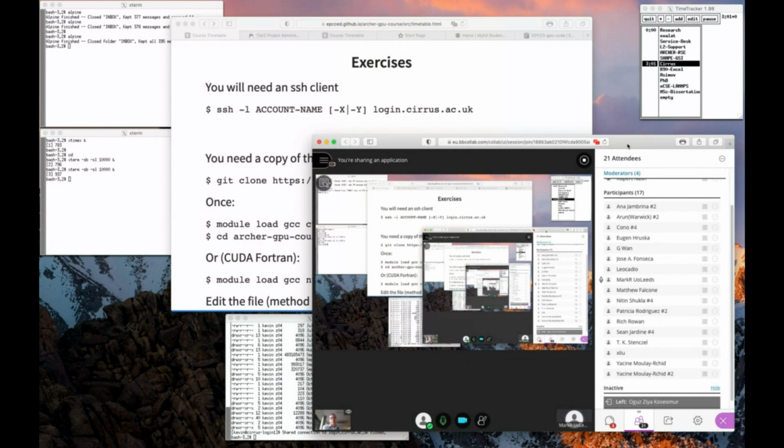You just want to set off as much work as possible and then let the GPU runtime sort it out. As I said in the first talk, the key is supplying lots and lots of work.